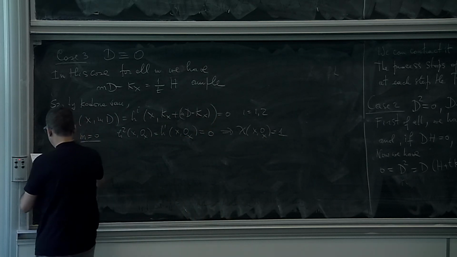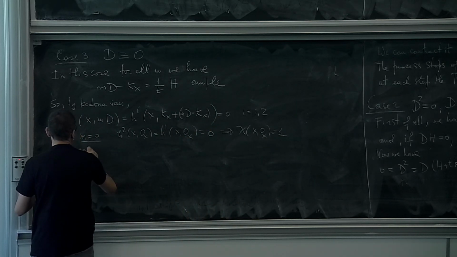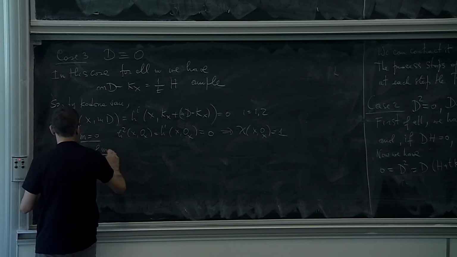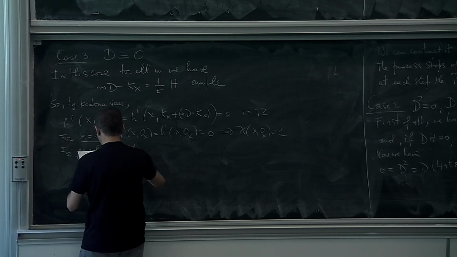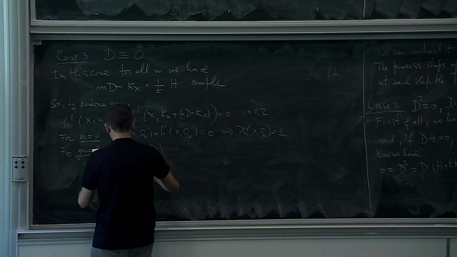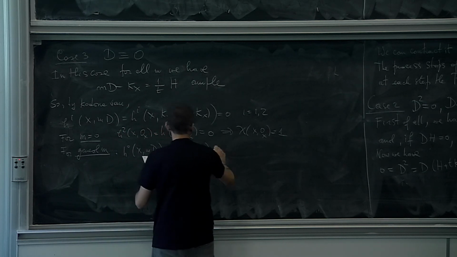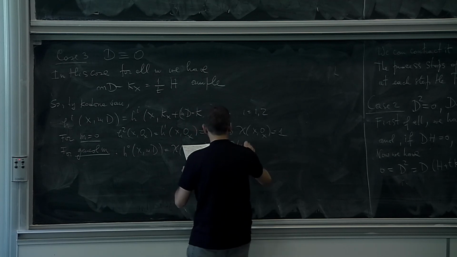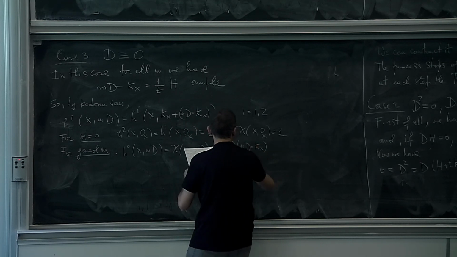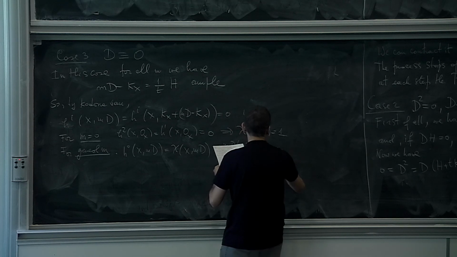And for general m, we have that h0(X, mD) is chi(X, mD), and this is (mD)(mD minus K)/2 plus chi(O_X).